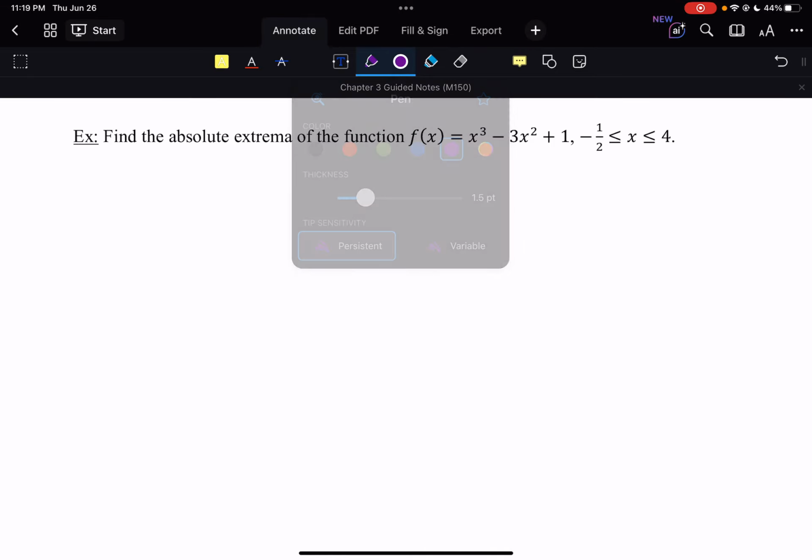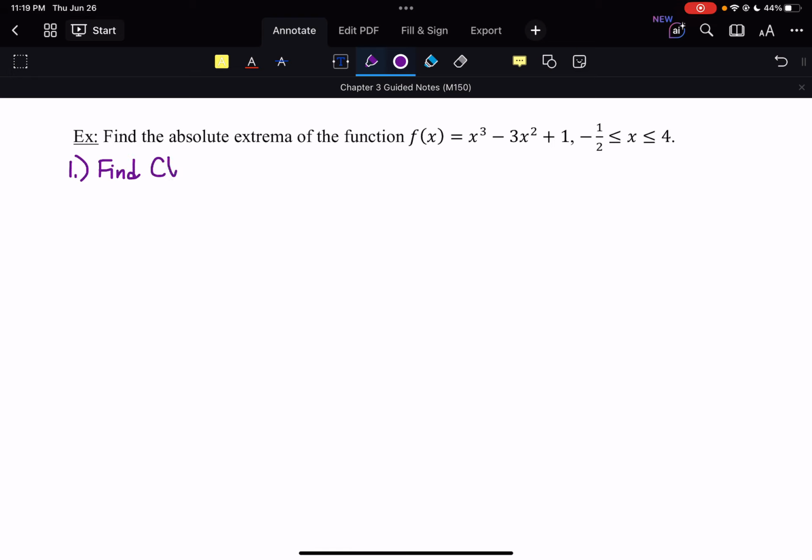So we're going to find critical values and then determine endpoints. And then we're going to check their outputs.